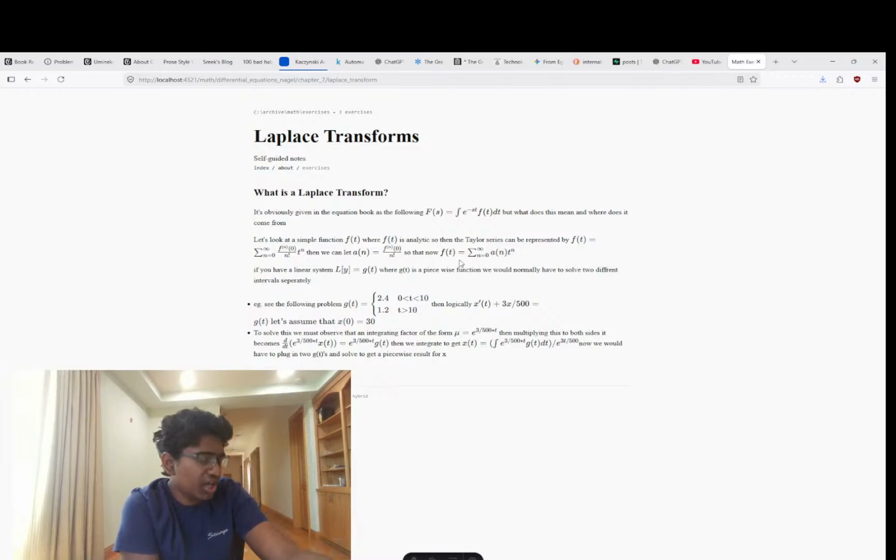So we're representing f of t based on this basis function t to the n. Now this makes a lot of sense.